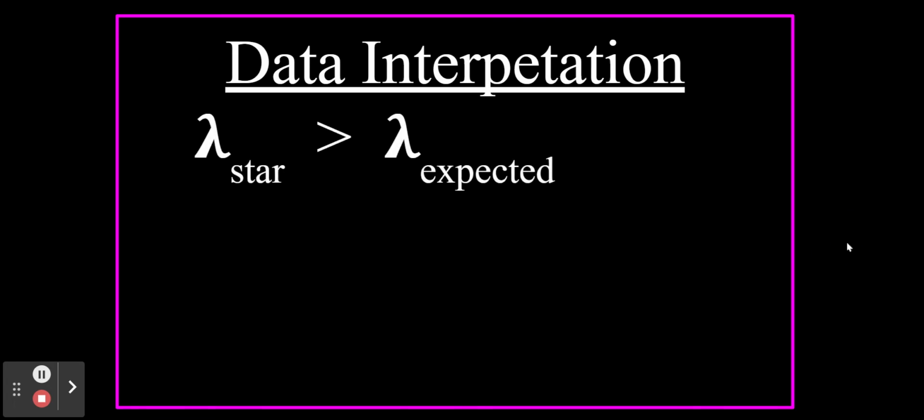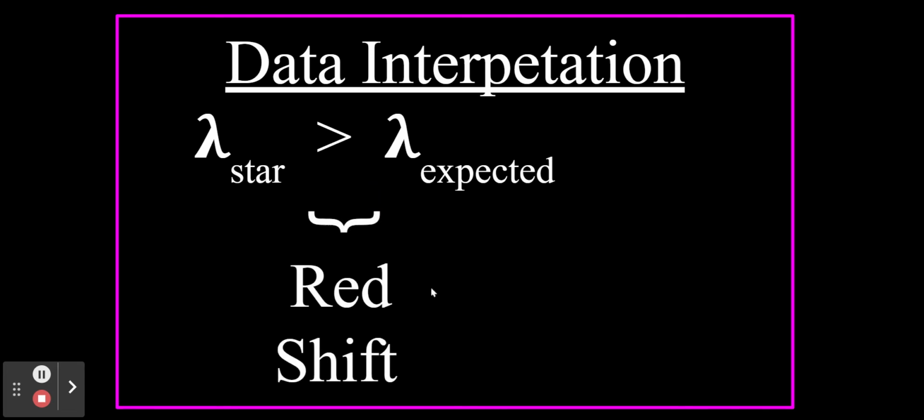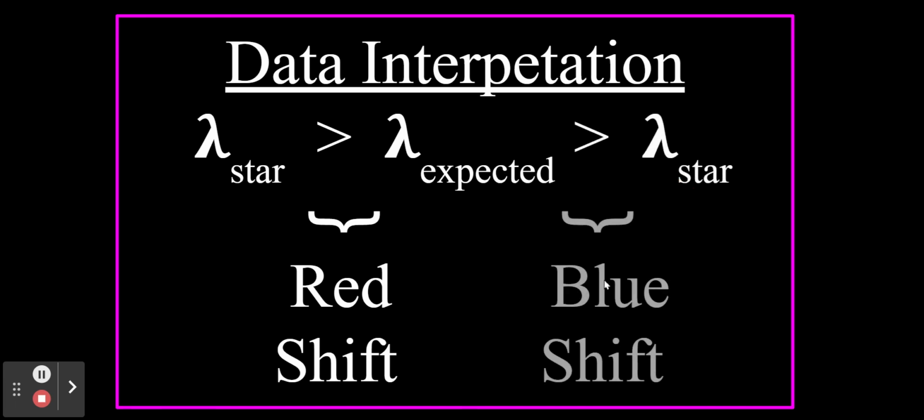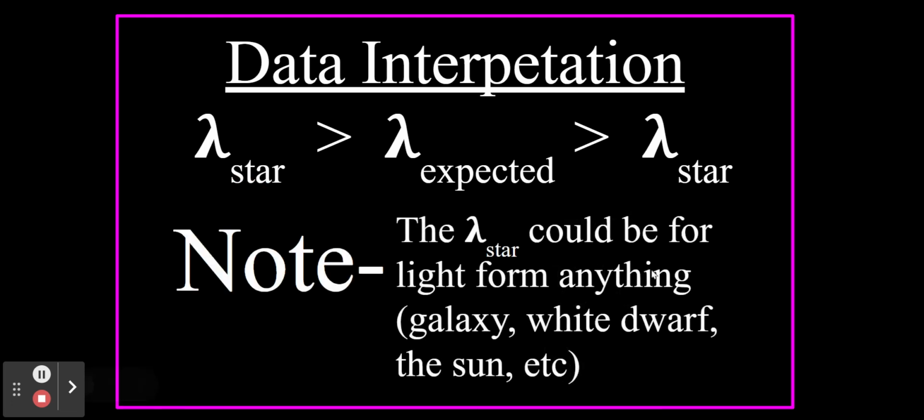Now it's pretty simple in terms of how you interpret the data. If at a specific wavelength it's greater than expected, that means the light's been red shifted. If that wavelength is less than what you'd expect, that's blue shifted. And here's a note.